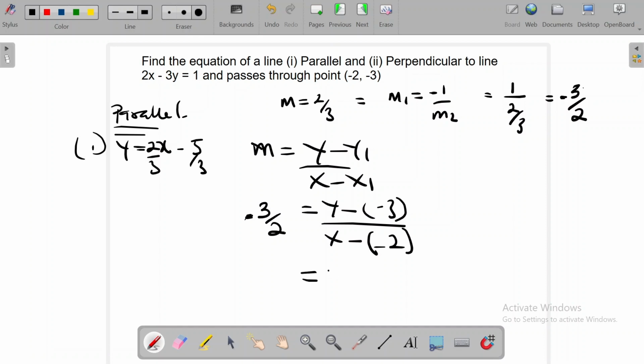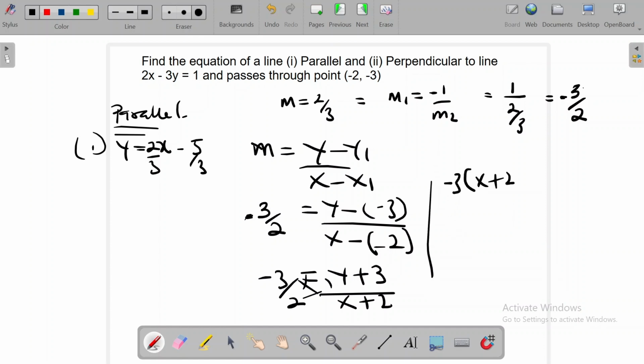And it becomes y plus 3 over x plus 2, equals negative 3 over 2, and you simply get negative 3 times x plus 2 and 2 times y plus 3.